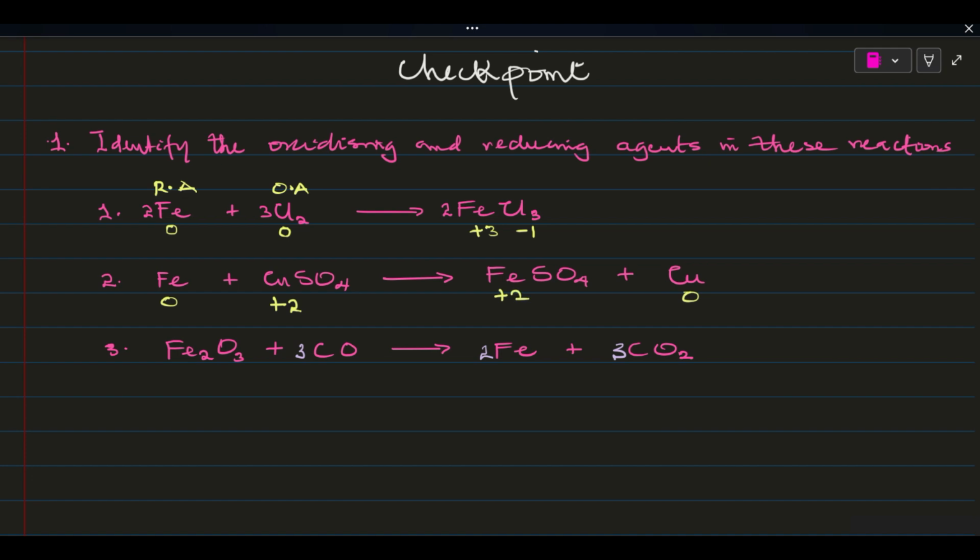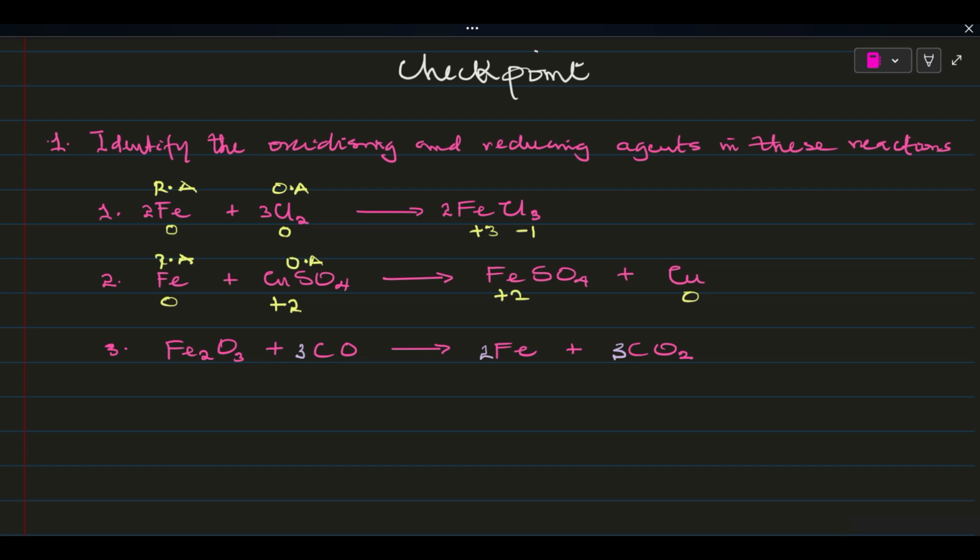So the way we have it over there, from 0 to +2, that is an increase in the oxidation state, and that is oxidation. And iron is going to be the reducing agent because it undergoes oxidation. So definitely the copper(II) ion is our oxidizing agent. So we write OA on top of this.